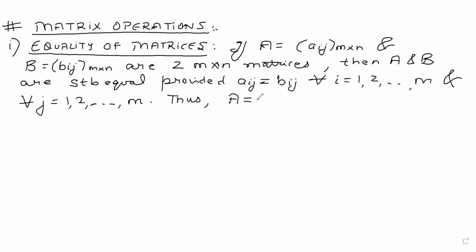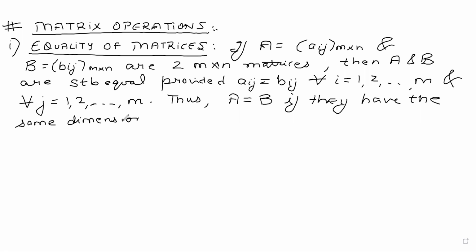Okay, so we can write, thus matrix A will be exactly equal to matrix B if they have the same dimension. That is very important, guys. If two matrices do not have the same dimension, you cannot have the two matrices being equal. For two matrices to be equal, they should have the same dimension. That means they should have the same number of rows and columns.